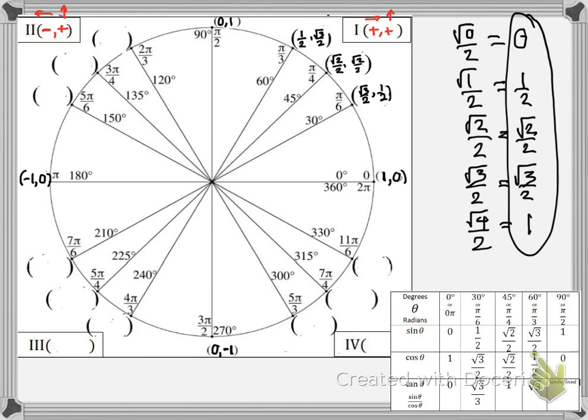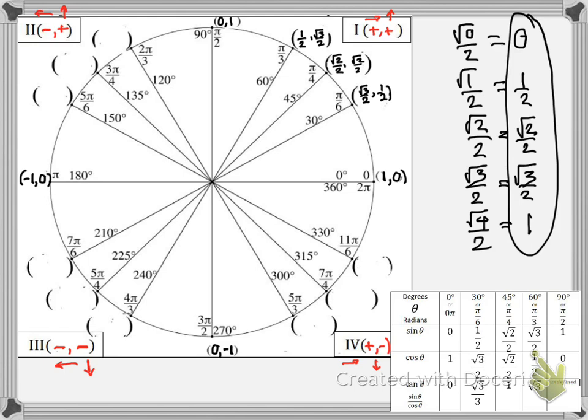Down in quadrant 3, my x's are going to the left, so I have negative x's. My y's are going down, so I have negative y's. Quadrant 4, I kind of covered it up, that's okay. My x's are going to the right, so they're positive, but my y's are going down, so they're negative. So I need to think about those things.